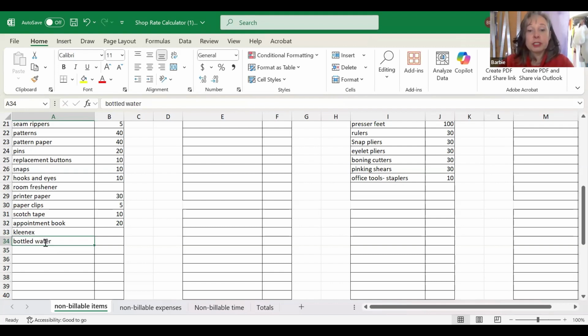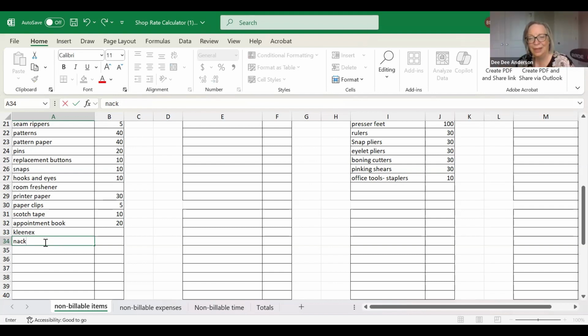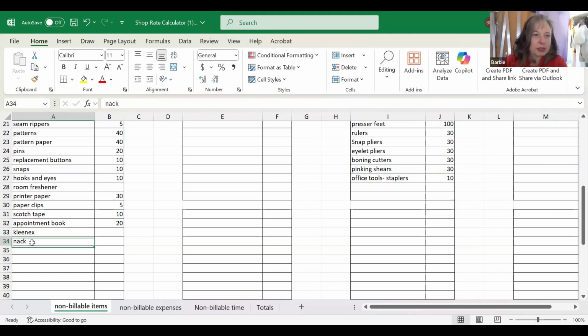Okay. Snacks, because that little drawer in the front of your sewing machine that holds the M&Ms, you got to keep that stocked. But all of those things, add everything in there. And you'll think of more things as you go along. Like I'm still thinking of more things. Put it in there and it's part of your overhead. It is part of your overhead.